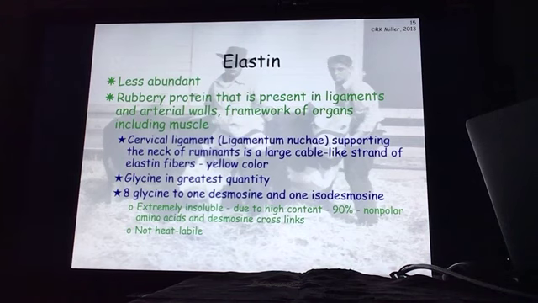What's interesting about elastin is that glycine, just like in collagen, is the amino acid that is present at the highest amount. And for every 8 glycines in elastin, there's 1 desmosine and 1 isodesmosine. And the desmosine cross-links are incredibly heat stable, and desmosine is 90% nonpolar amino acid, so there's not much interaction with water.